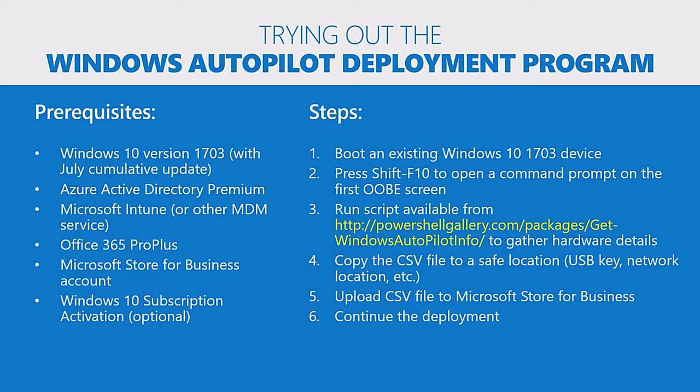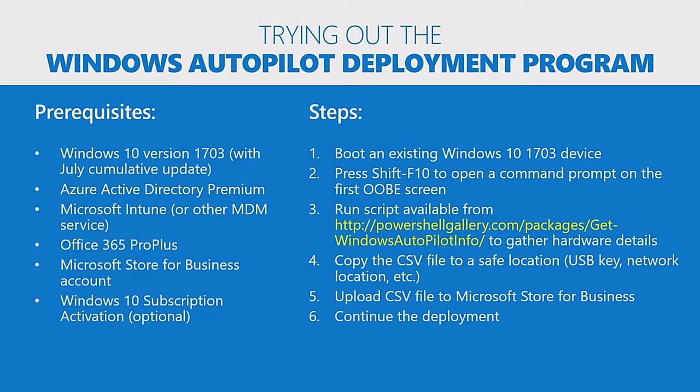You need Intune or any other MDM service that can then take over and manage the device and push the configuration down to it. If you're going to use the Store for Business to maintain the list of devices, then you need to have a Microsoft Store for Business account. It's no big deal. You had to sign in with an Azure Active Directory tenant admin account once to accept the terms that get presented to you the first time you sign in.